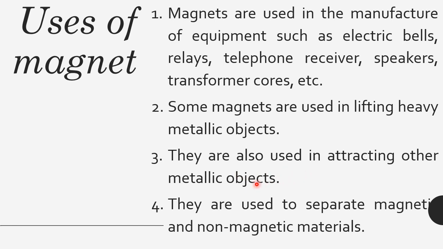And let's read number 4. They are used to separate magnetic and non-magnetic materials. Now number 3 and 4 mean a little bit the same. Take for instance, you have small tiny nails that you can't pick with your fingers, like when you try picking them you might get hurt. And there are also dirty plastics covering them. The best and smartest way to pick those nails is to get a magnet. Just get a magnet. You see all the nails following you.